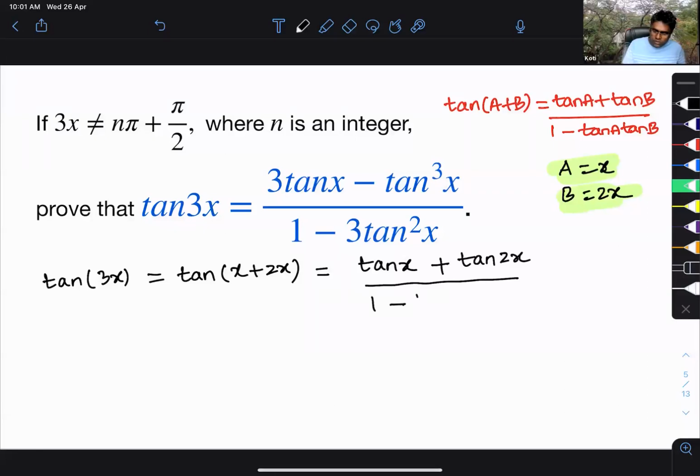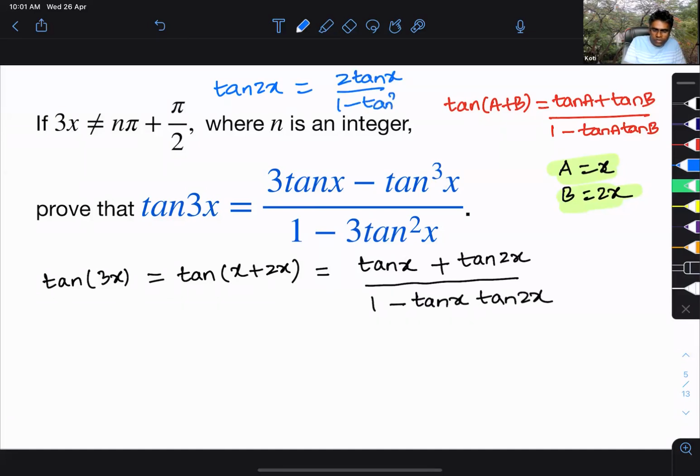I think I was a little slow there. And a little while ago, we proved tan 2x. If you recall, tan 2x is 2 tan x by 1 minus tan square x.